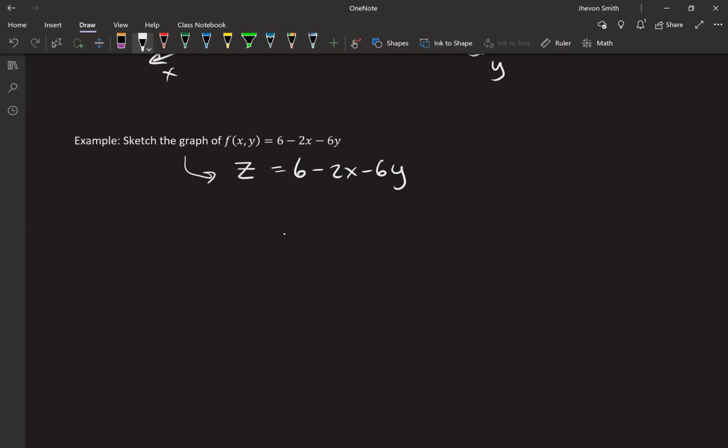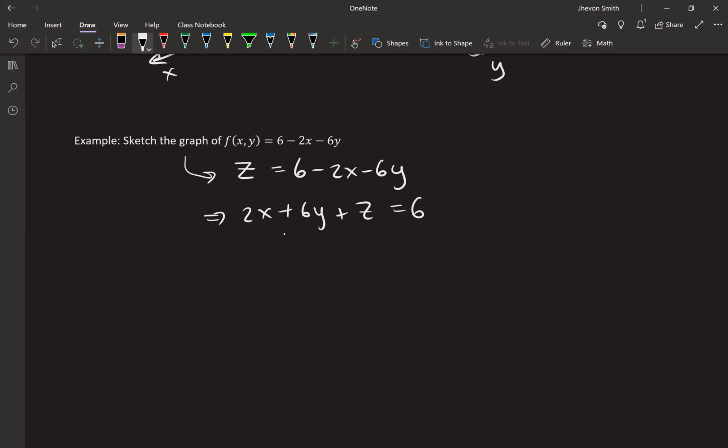What is that? Anyone? It's a plane. How do we know? Well, I can bring everything to the other side. And that's in the form of a plane.